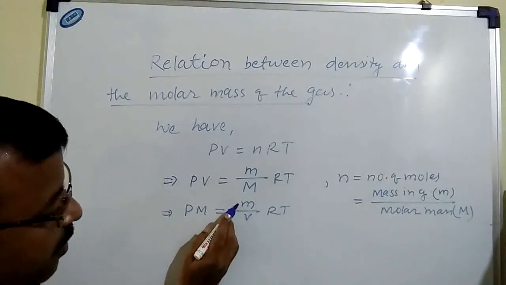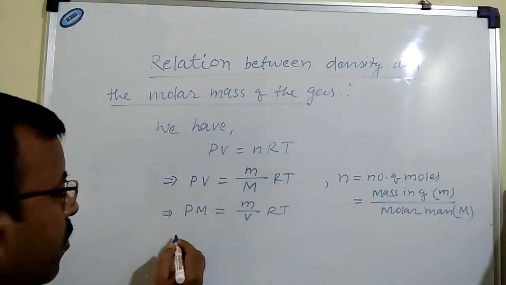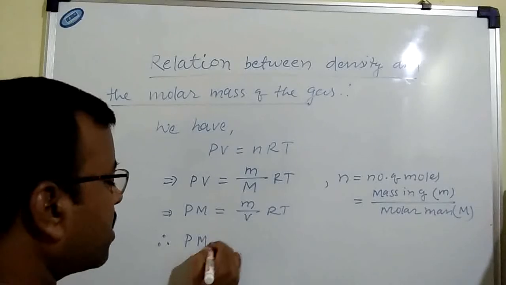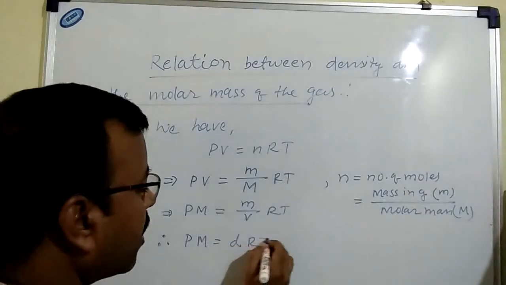Now this is mass per unit volume, and mass per unit volume is called density. So we can write PM is equal to dRT.